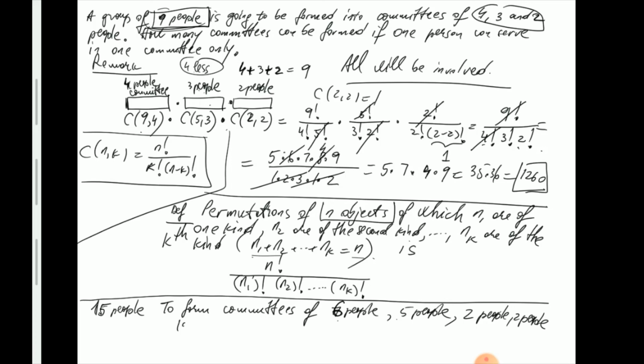Then the answer is going to be 15 factorial, again assuming that each person serves in one committee, so without repetition. So 15 factorial over 6 factorial, 5 factorial, 2 factorial, 2 factorial. And then you just have to use the calculator and some simplification. In fact, let me do this with Wolfram Alpha so that I don't have to do too much work. So we have 6 factorial, 5 factorial and 2 factorial multiplied twice.